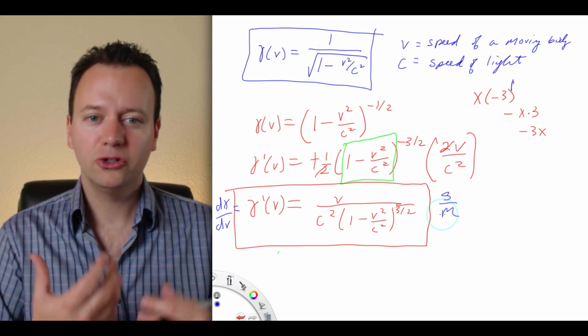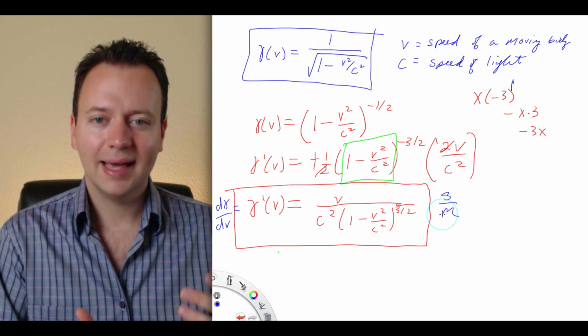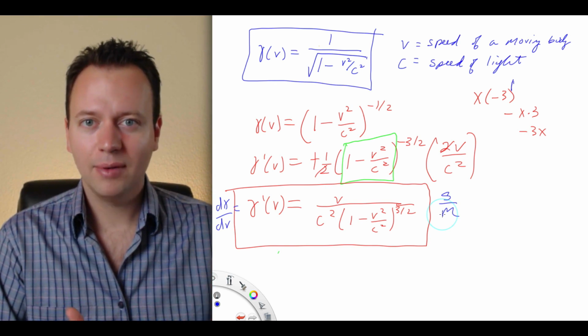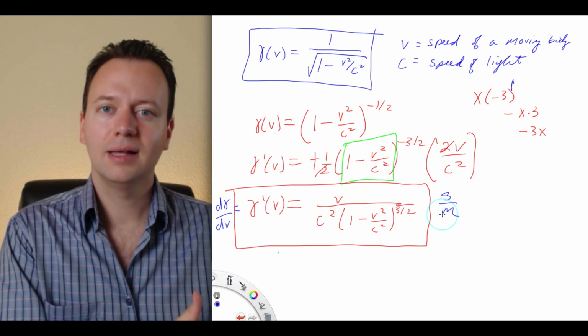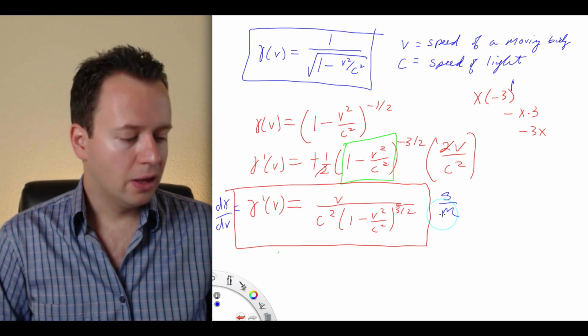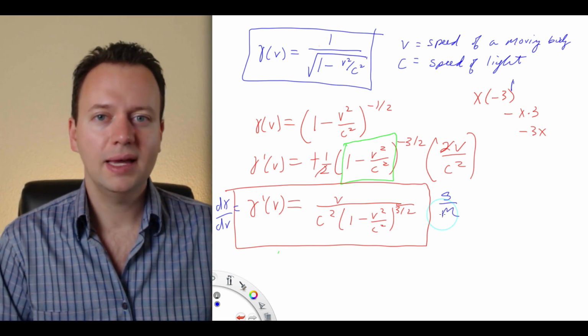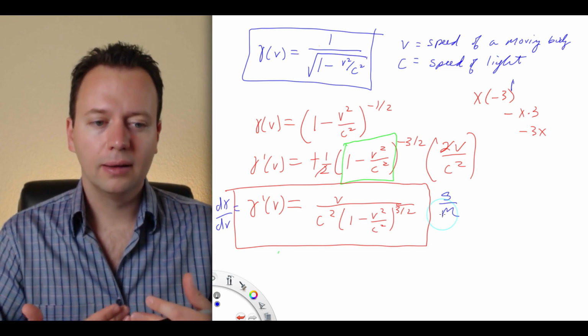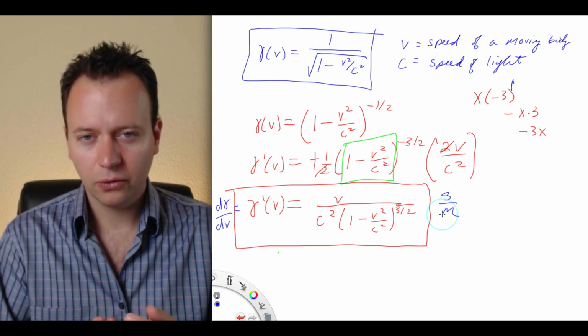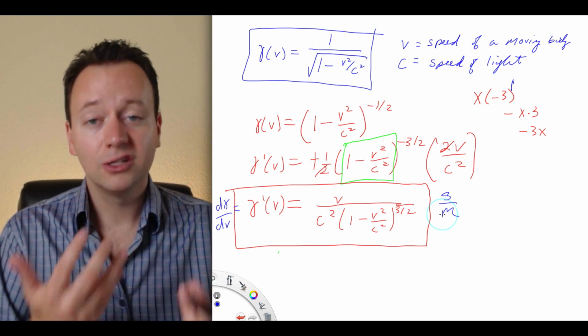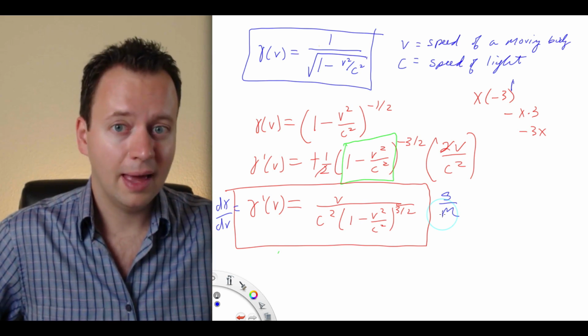And this basically tells you the rate at which this gamma factor is increasing per increase in velocity at a given velocity. So if you're traveling at a certain speed and you want to figure out how much the energy will increase if I increase by a little bit of velocity, this will give you that rate when you multiply it by mc squared.